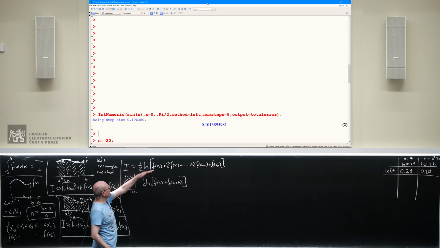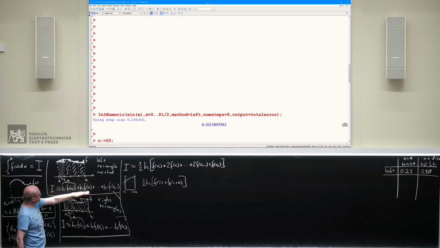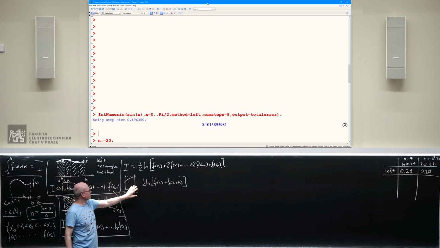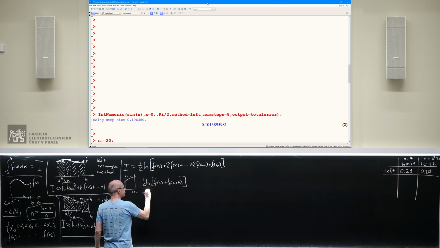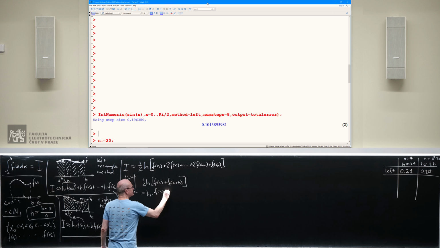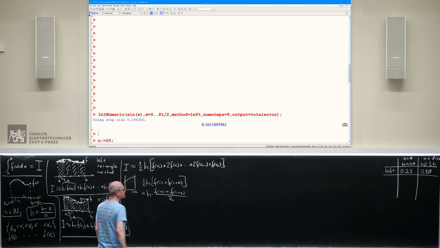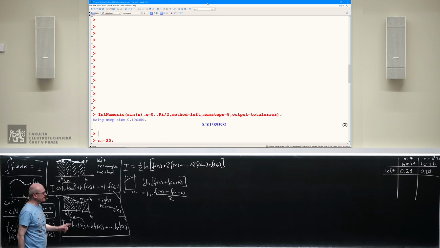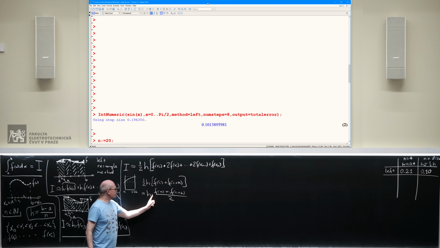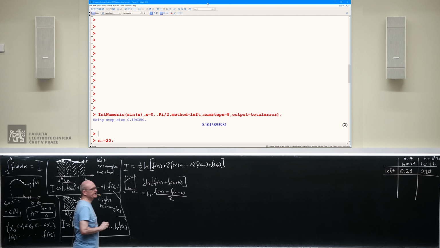So what I did here globally, this averaging of 2 formulas, I did here on the level of just one panel. Let's rewrite it. This is h times f(c) plus f(c plus h) divided by 2. So what I was really doing is this. I can see a product of 2 values, and one of them is actually the base of my rectangle.